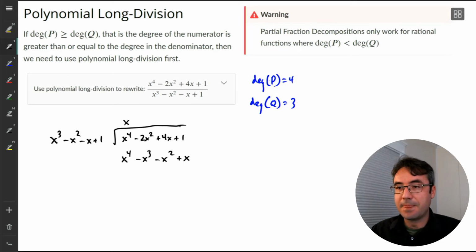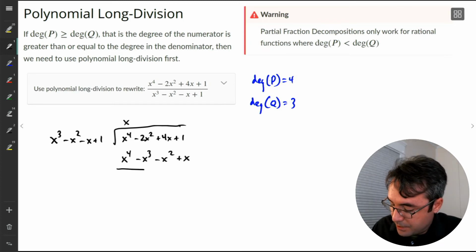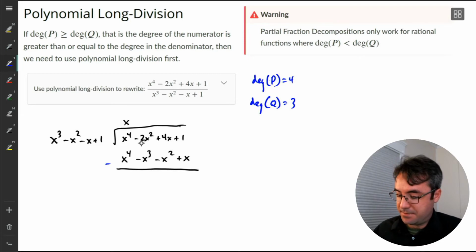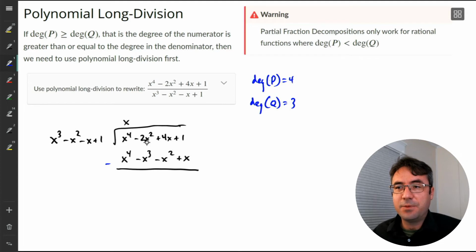And then we're going to subtract this. Looking at it, hold on, if you're writing, we need a little bit of extra space here. Generally when you write this out, you want to leave a little bit of space for any missing powers of x. So in our numerator here, we're going from x to the fourth down to x squared.